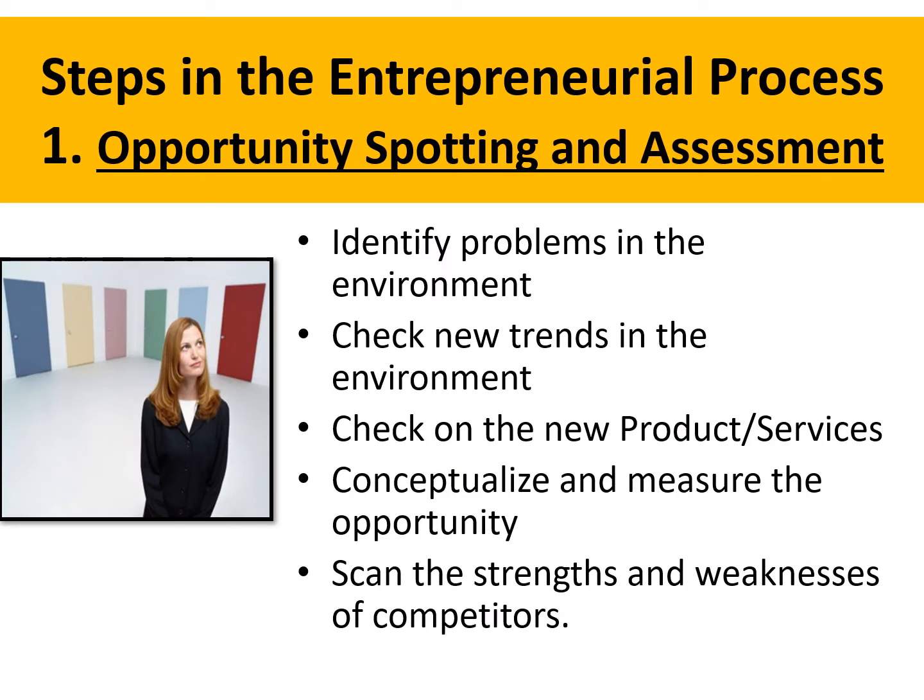For the opportunity spotting and assessment, one must identify problems in the environment, check new trends in the environment, check on the new products and services, conceptualize and measure the opportunity, and scan the strengths and weaknesses of competitors. Competitors means same business which offers the same products as your product.